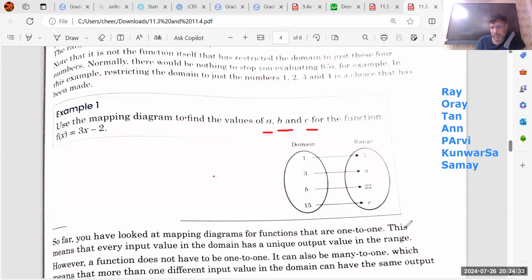And you have to see this mapping diagram. If you are not able to understand, guys, please ask me.